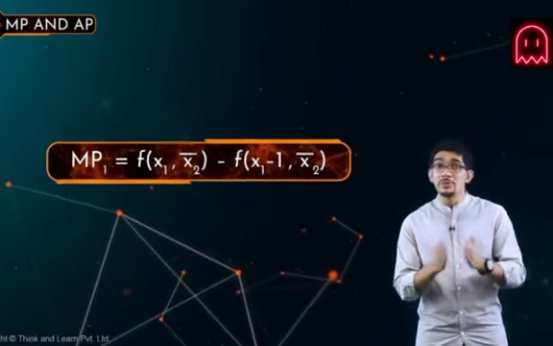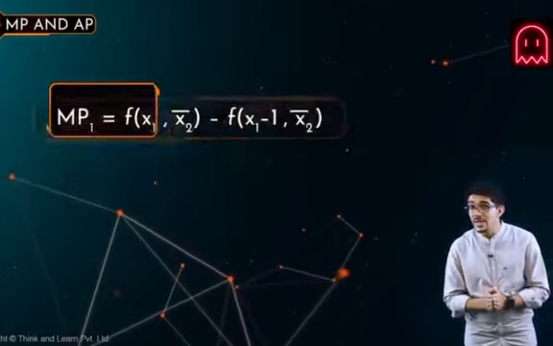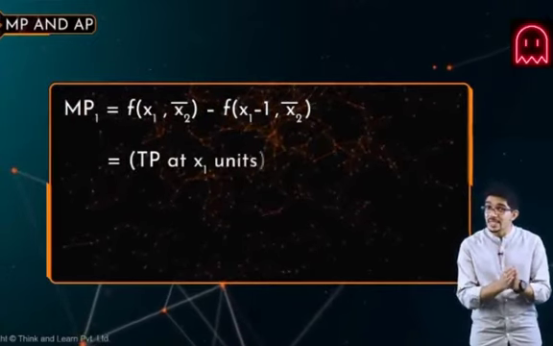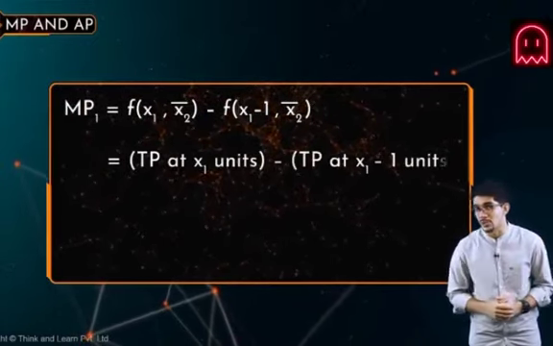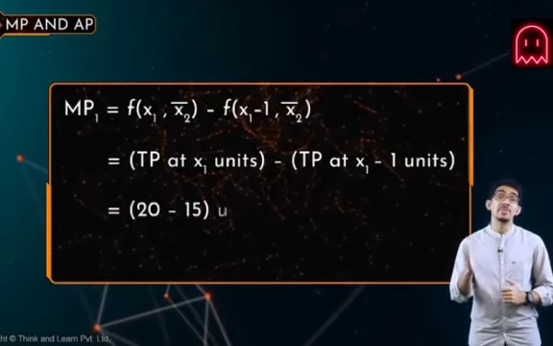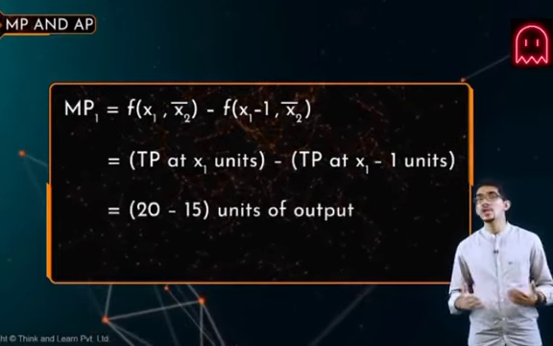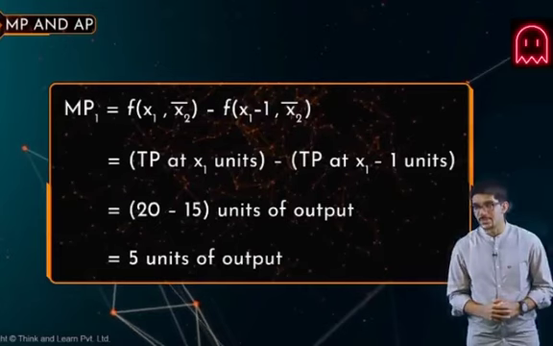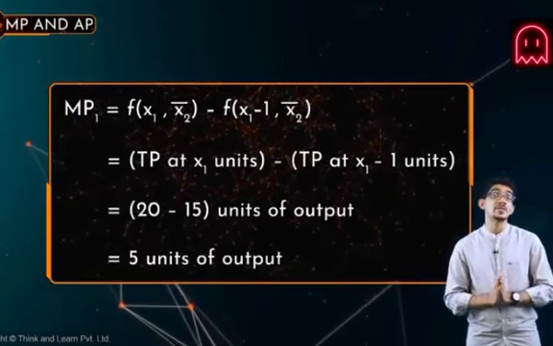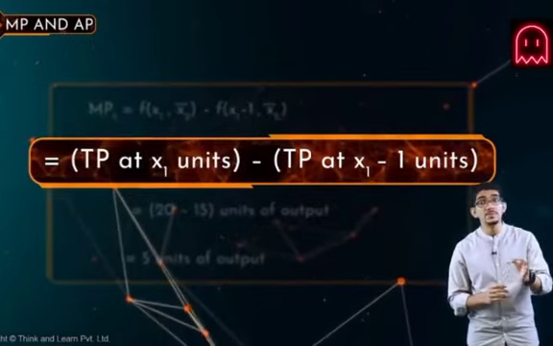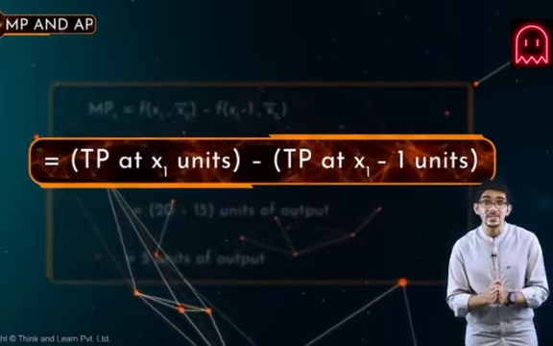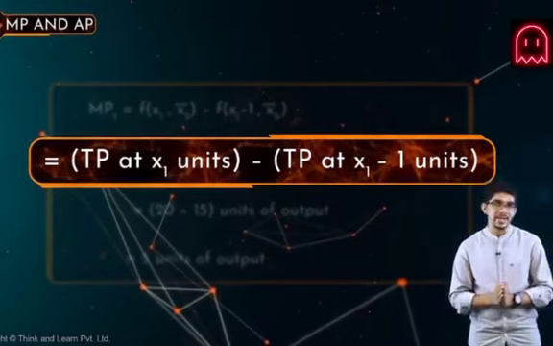So MP1 would look like this, which is nothing but TP at x1 units minus TP at x1 minus 1 units, which is 20 minus 15 units of output or 5 units of output. Thus, MP refers to change in TP when one more unit of the variable factor is used with the fixed factor remaining constant.